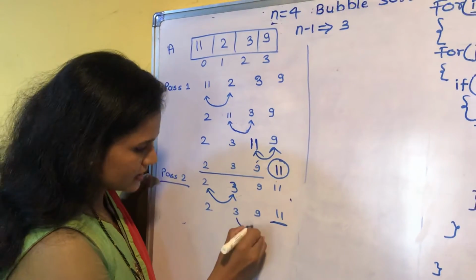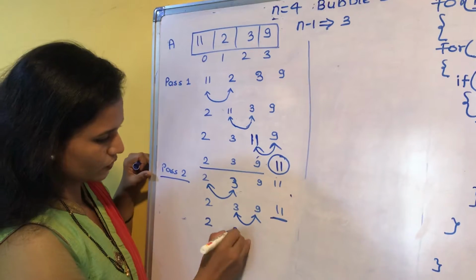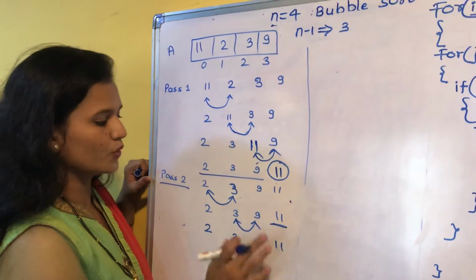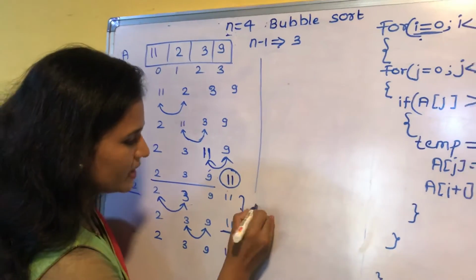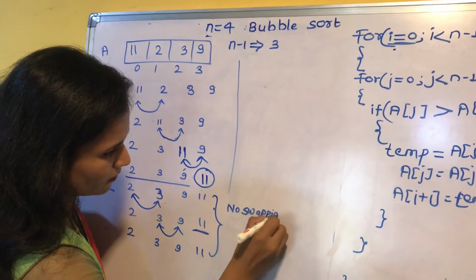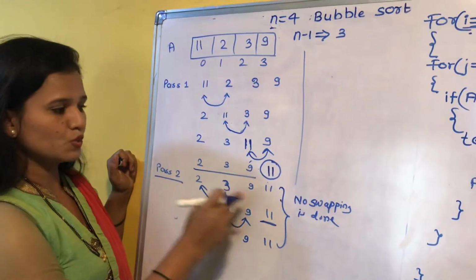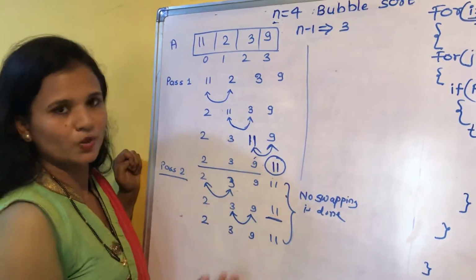Then again, the second element with the third element, no swapping is needed, so 2, 3, 9, 11, and as 11 is at the proper place, no need to compare 9 with 11. Here you can see no swapping is needed. In pass 2 no swapping is done, so obviously in pass 3 swapping will not be required.